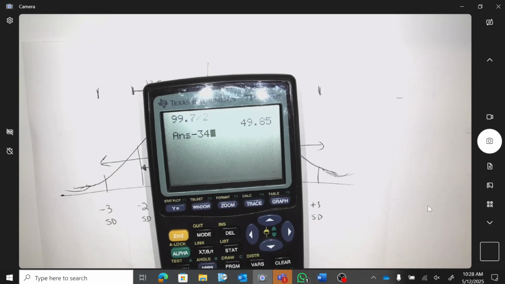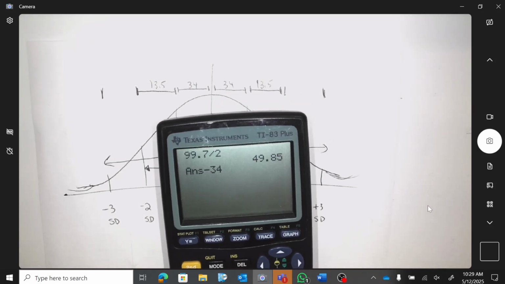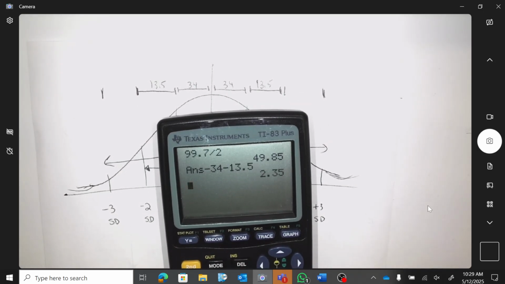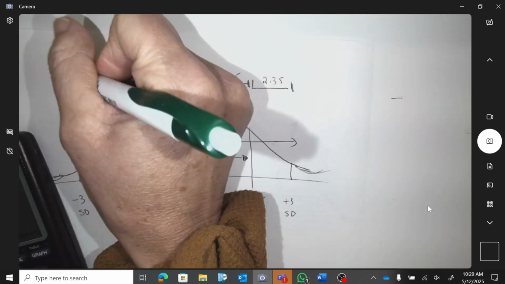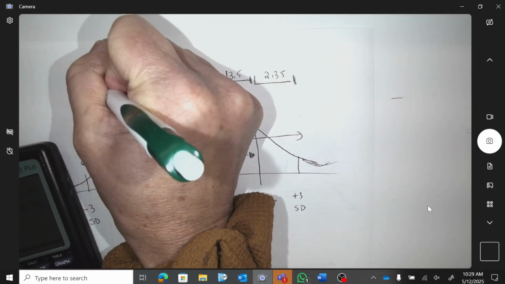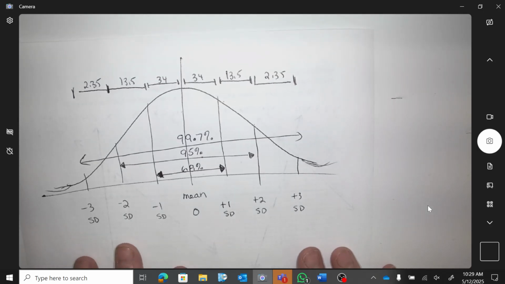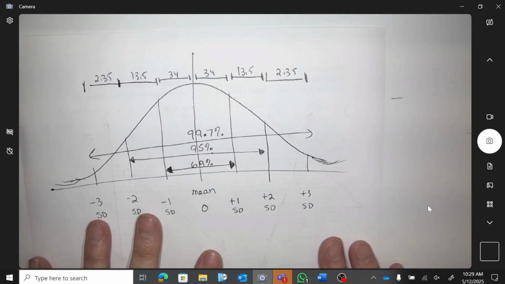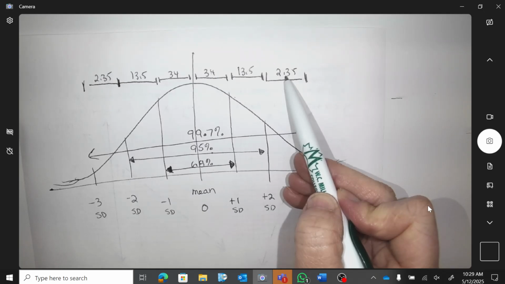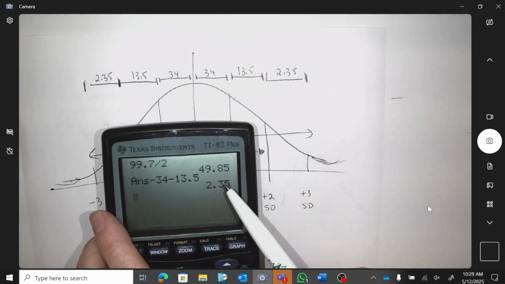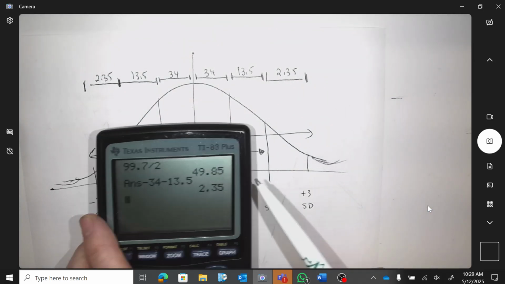So I'm going to minus 34 because I've already used 34, and that leaves me with 2.35. Minus 34 and minus 13.5, because this and this should all add up to 49.85, right? Does that make sense?